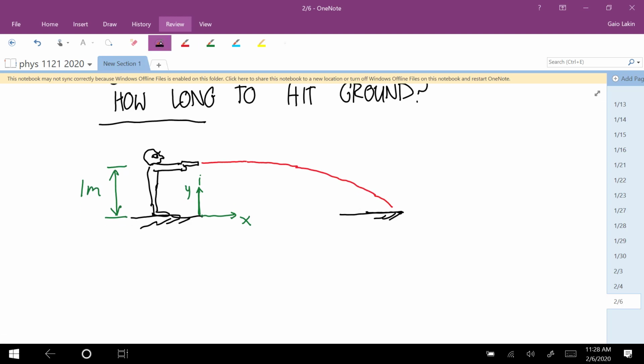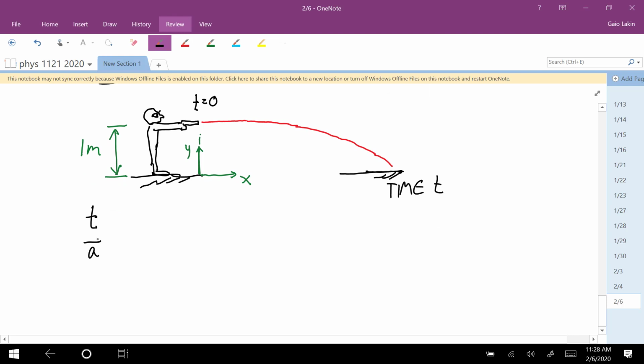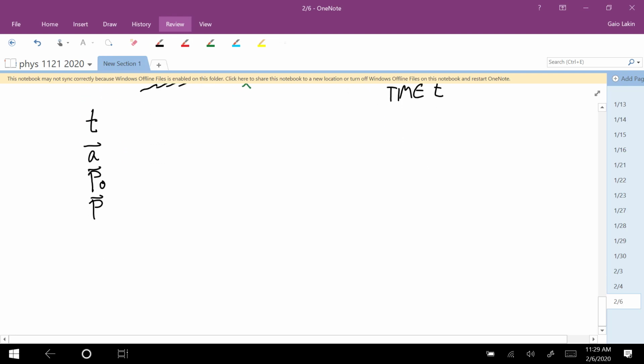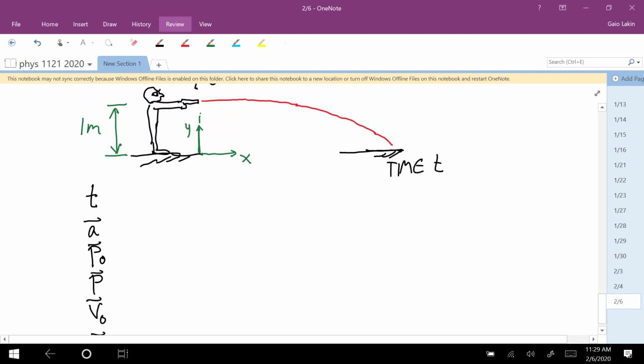And this is going to be the time equals 0 instant. This is going to be the time t instant. And let's figure out what variables we know and what we want to calculate. Well, we're trying to calculate time again.